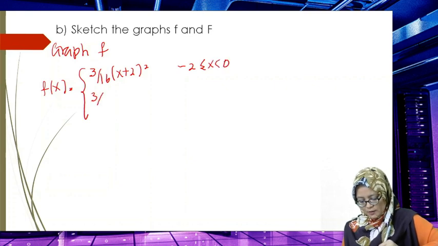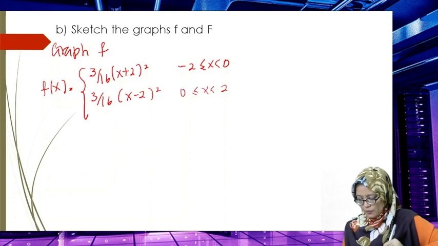So 3 over 16 (x minus 2) square for 0 until 2. So then 0 otherwise.